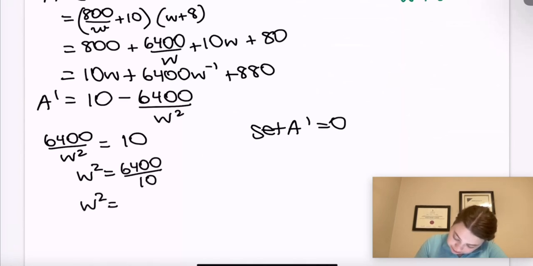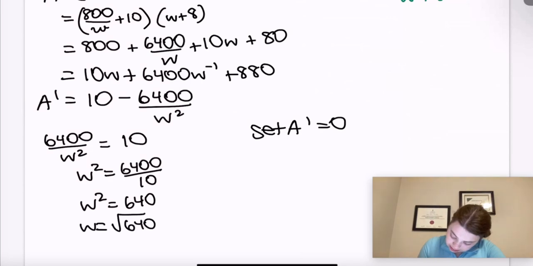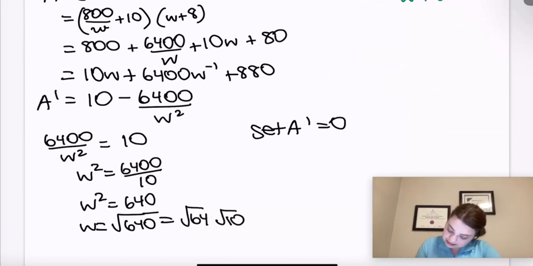So therefore, W squared is equal to 640. And the square root of 640 is going to be 8 root 10, because recall that 640 is the same as 64 times 10, and root of 64 is 8, so it's going to be 8 root 10.